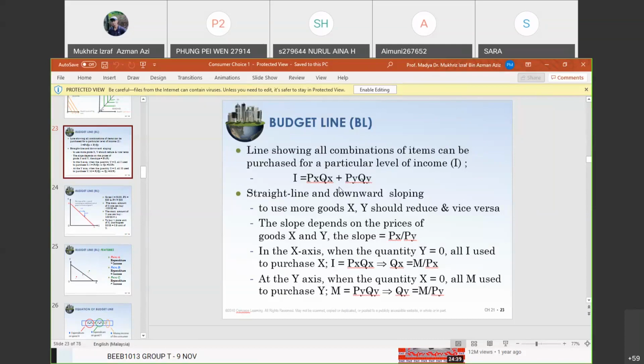In a two-dimensional diagram, we assume only two goods, good X and good Y. How much you spend on good X plus how much you spend on good Y must equal the income that you have. So if you have 10 ringgit, you must use that 10 ringgit to buy a certain quantity of X and a certain quantity of Y.